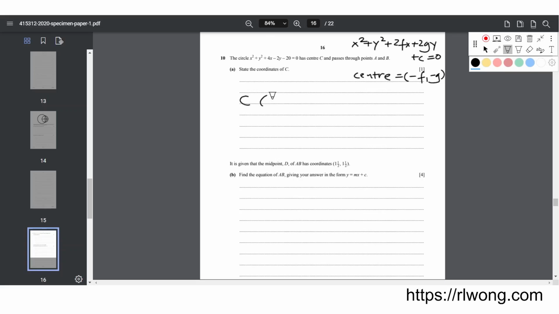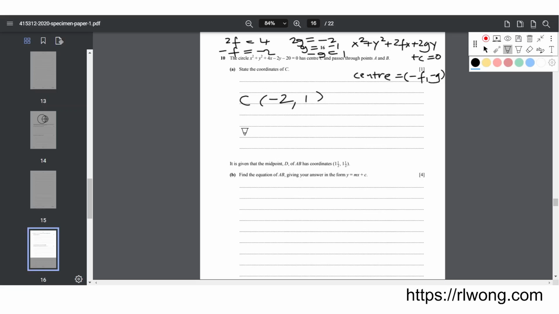My 2g is equal to minus 2, my g is equal to minus 1, so my minus g is 1. Okay, so my center of the circle is equal to (minus 2, 1). Alright.